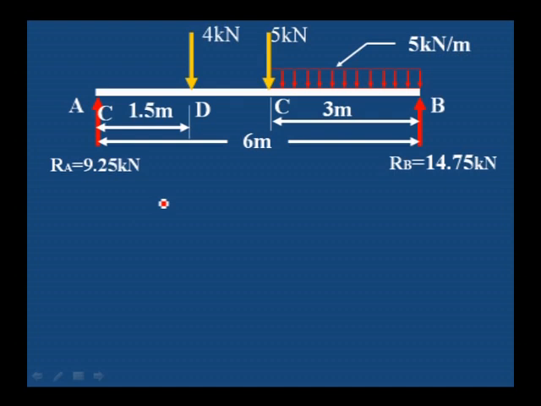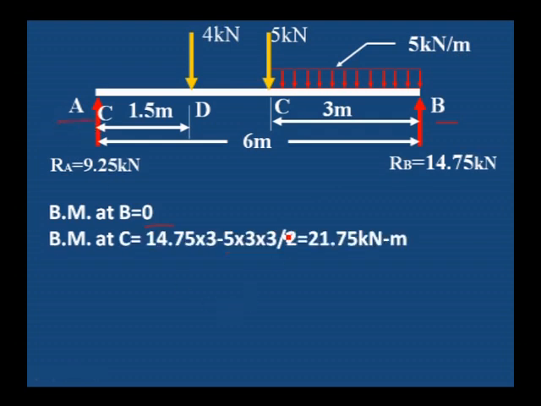To calculate bending moment, again we have the reactions RA and RB as well as the loading system given. Bending moment at B is 0 for a simply supported beam, A also 0. Bending moment at C point, what are the loads acting on the right side of C? One is 5 kilonewton per meter and one more load is RB value 14.75. 14.75 will have a moment that is anti-clockwise.